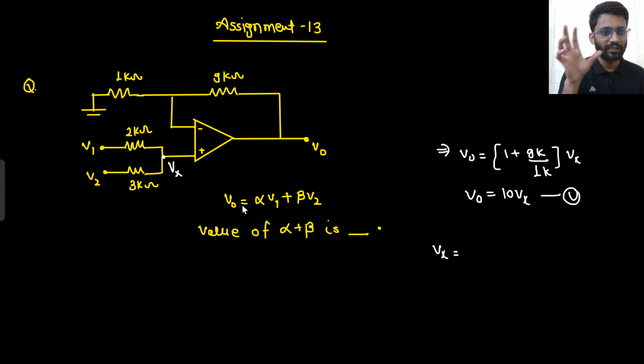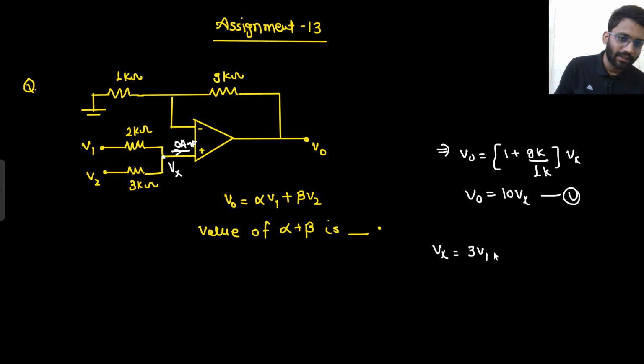So what will be your Vx potential? I have already shown you this. Since here there is 0 ampere current, I can apply that formula: V1 into 3 plus V2 into 2 divided by 3 plus 2, that is 5. If you are not applying the formula, there is no need to worry, you can apply nodal as well. Vx minus V1 by 2 kilo ohm plus Vx minus V2 by 3 kilo ohm is equal to 0.